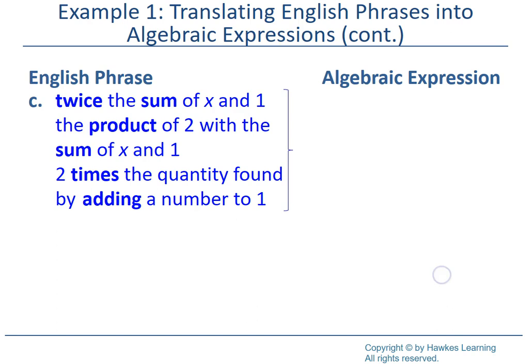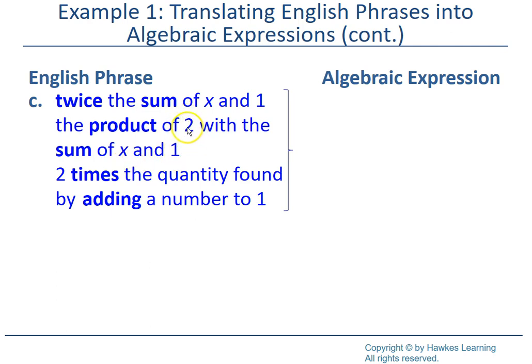Continuing. Twice the sum of x and 1. Now, when we think twice of anything, this indicates multiplication. So again, the product of 2 with the sum of x and 1.